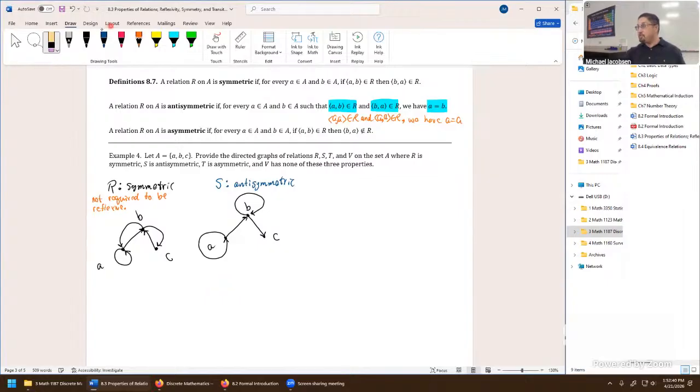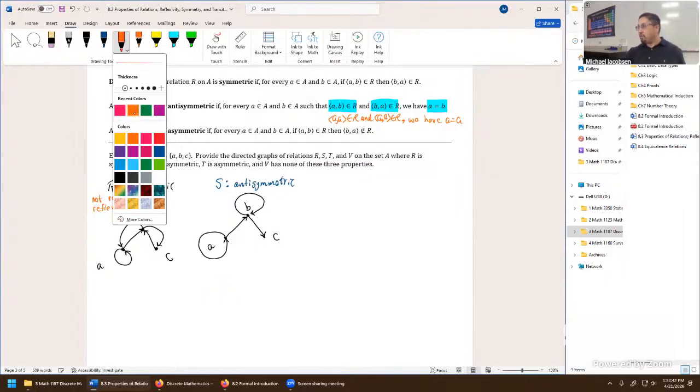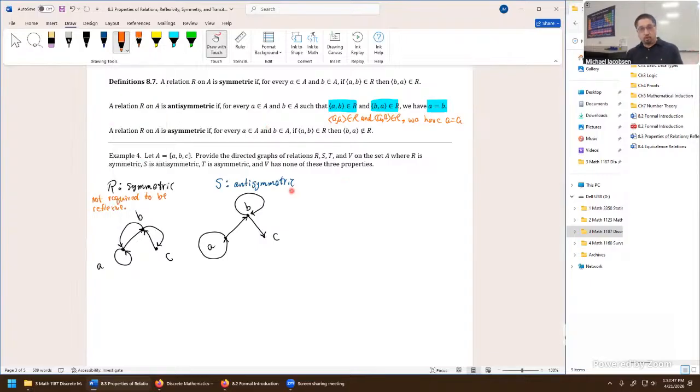Let's maybe put that on paper as well. One core thing about antisymmetric, it's not that loops are required at all, but loops are allowed. And by loops, specifically an element being related to itself in that kind of way.